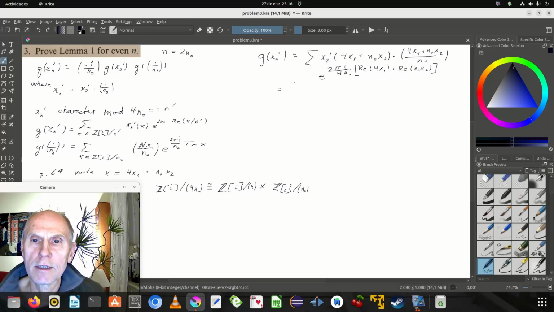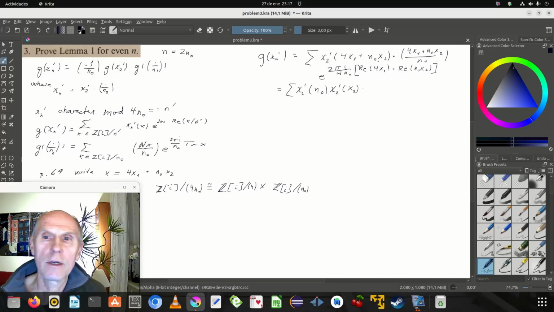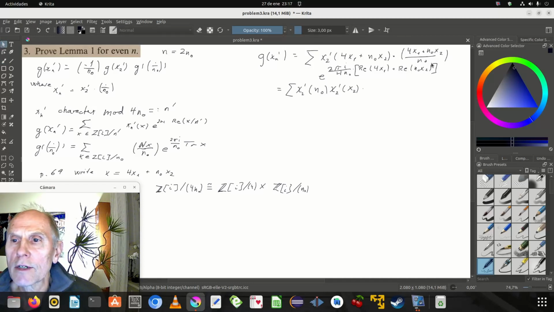So that means it's chi 2 mark of n naught x2, and the Dirichlet character is a character modulo n naught.